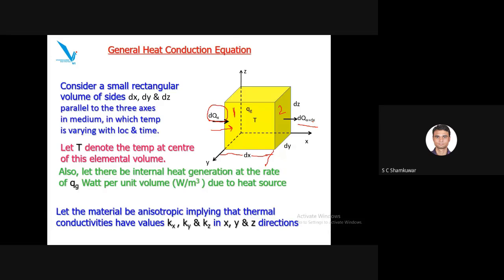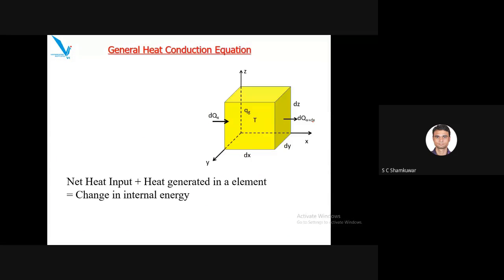Are you getting it? So dqx is the heat coming inside the rectangle through face 1 in the direction parallel to x, and dqx plus dx is the heat leaving face 2 of the rectangle in the direction of x.